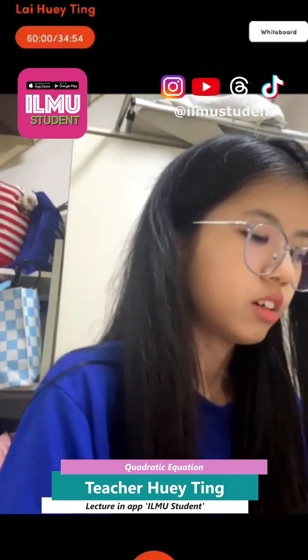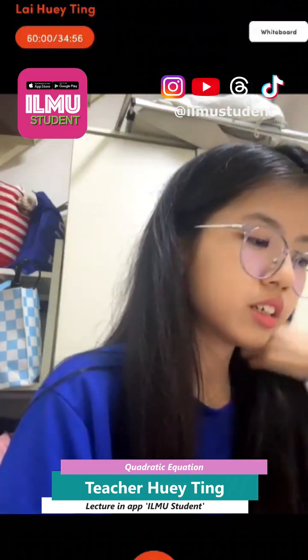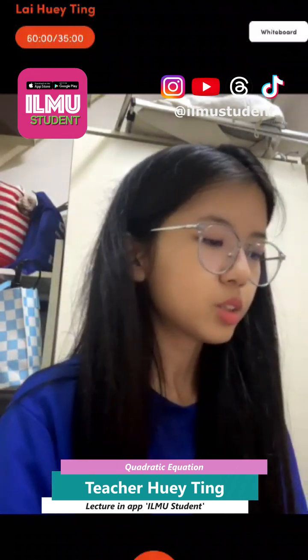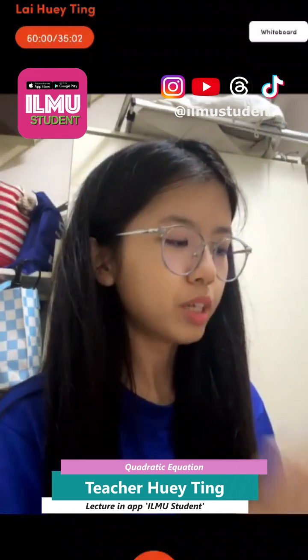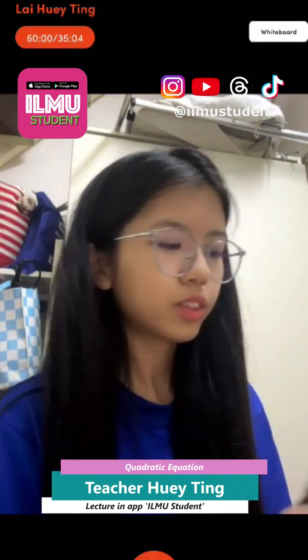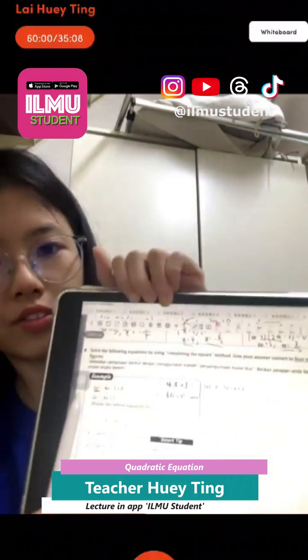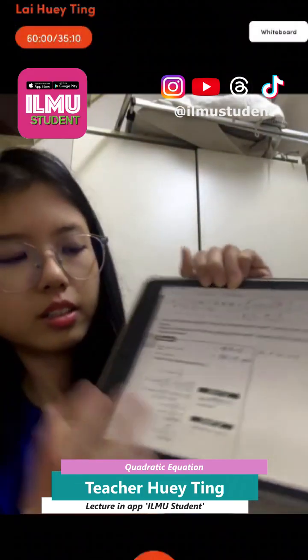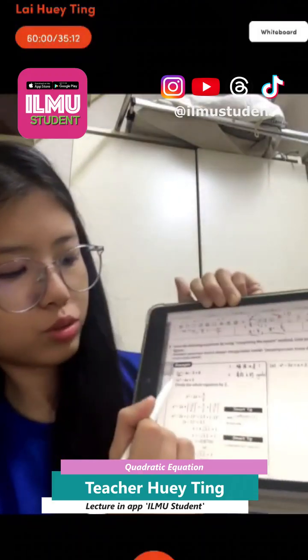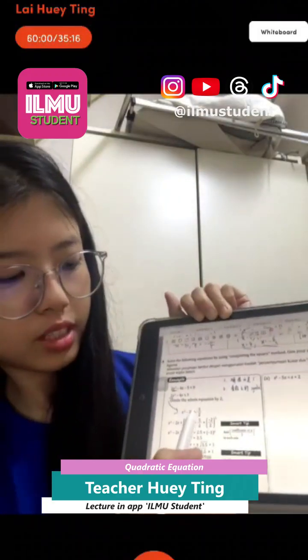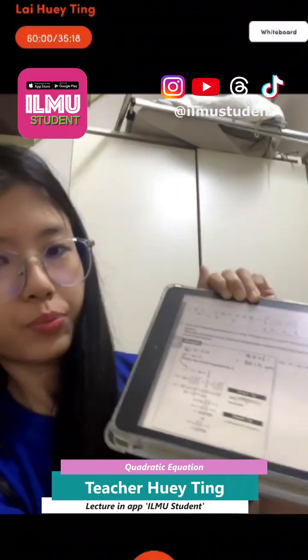Okay, next we have to see the completing the square method. So for the completing the square method, we have to make sure that the coefficient of x squared is 1 first. It cannot be 2. We have x squared minus 2x equal to 5 over 2.